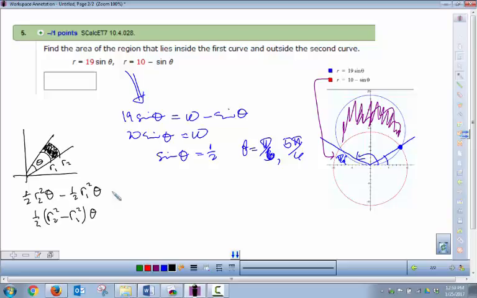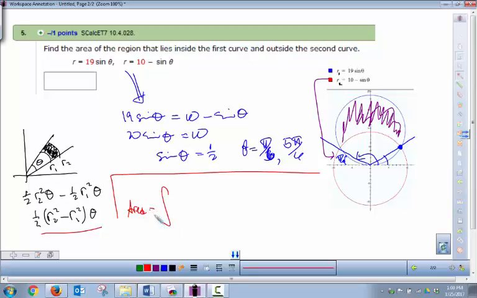We can look at the two functions, f1 of theta and f2 of theta, to be these two r functions. The outer one is R1, the inner one is R2. So these are our two functions, and that's it. Area is going to equal the integral from pi over 6 to 5 pi over 6.